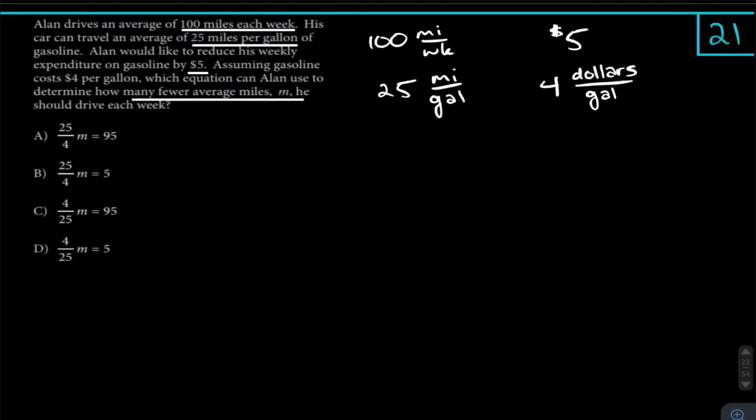So we want to have some M miles. We want to drive some M miles fewer to where we are saving $5. That's what we can already tell right from this problem.